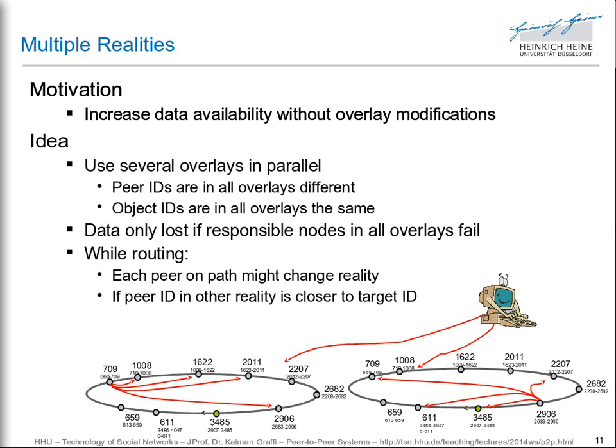Yes, we use several overlays in parallel, and as I said, the peer IDs are different, but the object IDs are the same. So one object is only lost if different nodes in the overlays fail at the same time. And this is something like a replication. So we get a replication with these multiple realities.